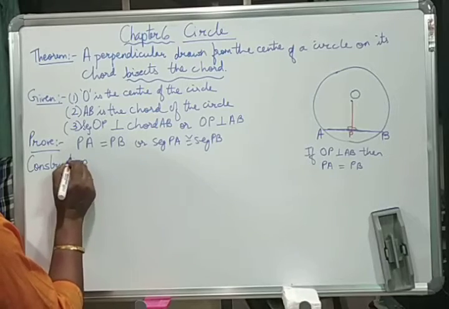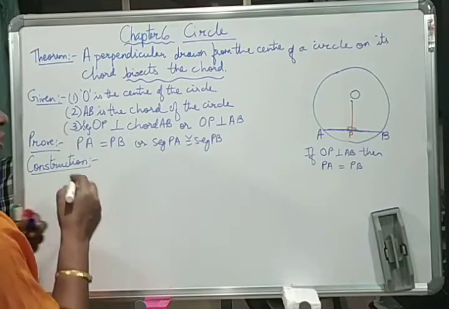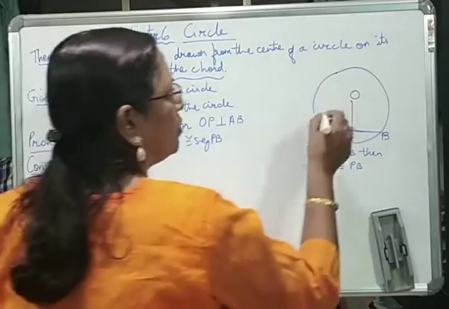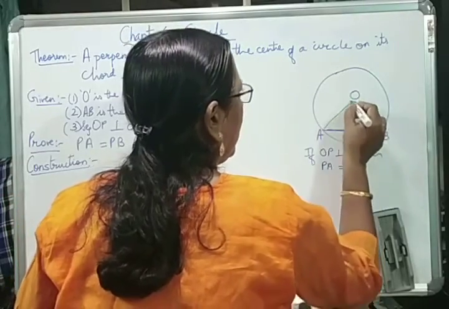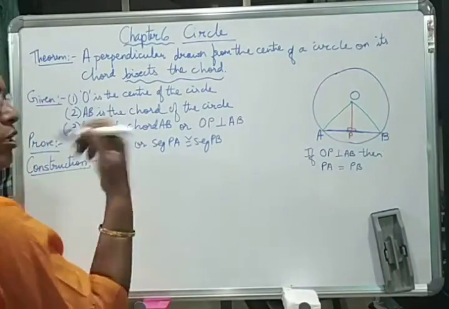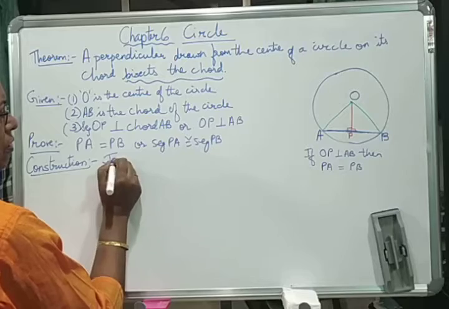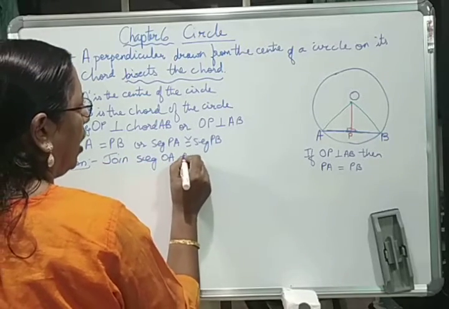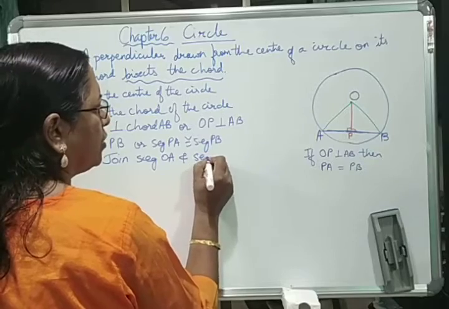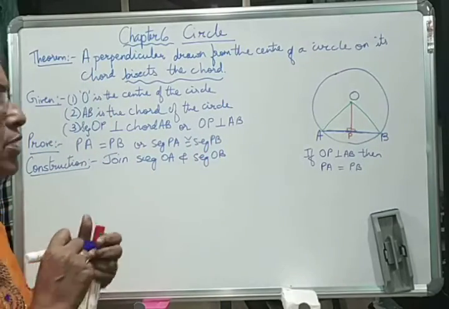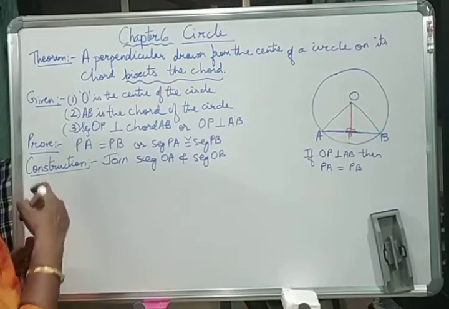In construction, we have to say join OA and OB, or draw segment OA and segment OB. So this is coming in the construction.